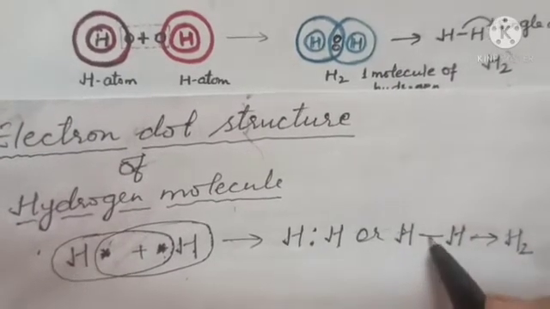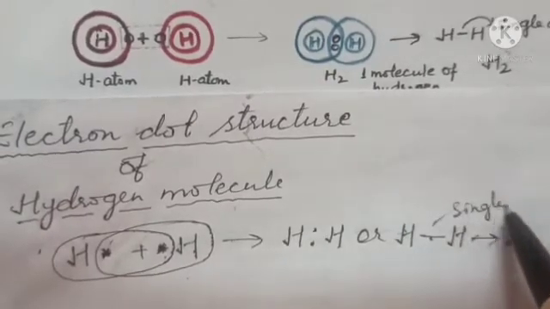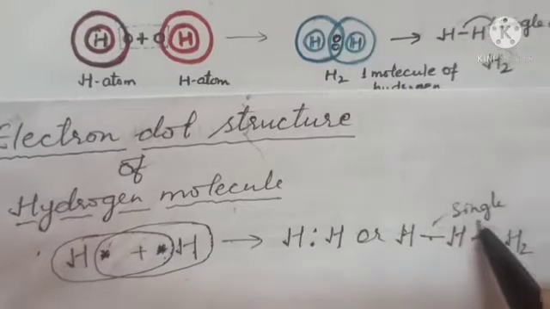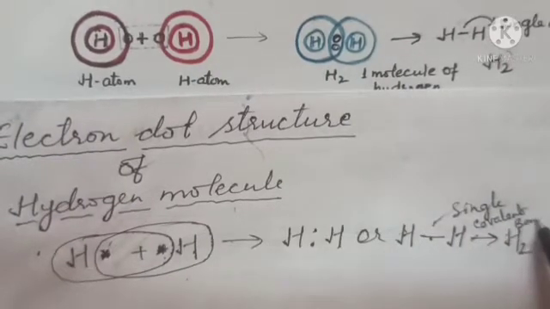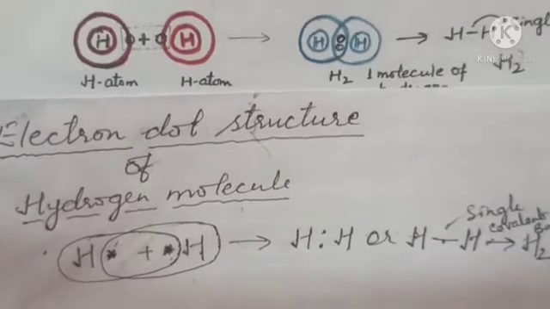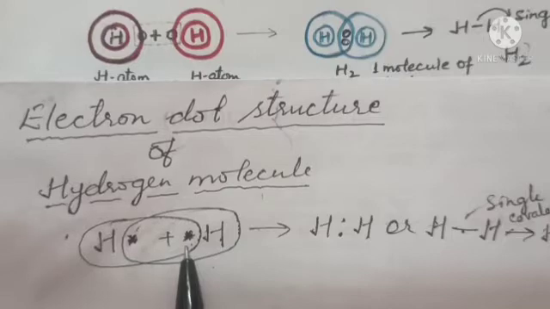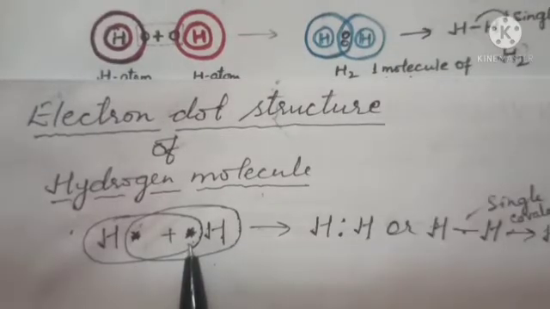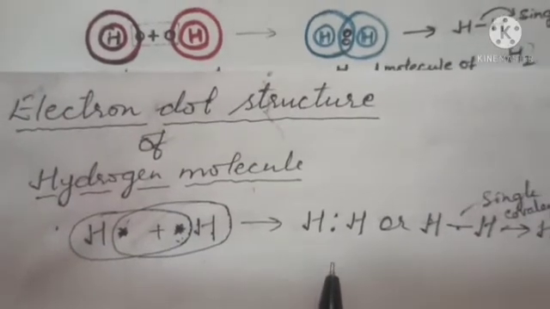This is called a single covalent bond, right? So how is the hydrogen molecule formed? By sharing one pair of electrons. So you will show the electron dot structure of a hydrogen molecule in this way.